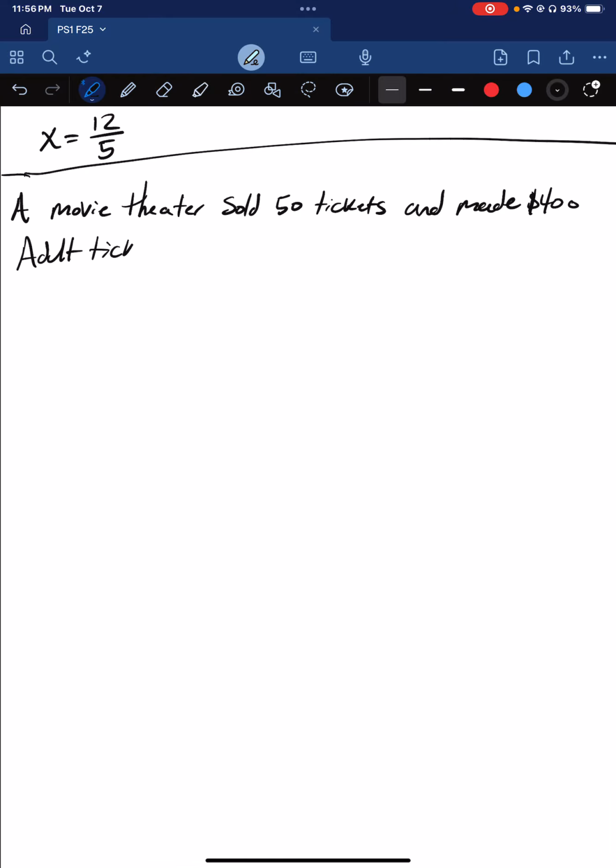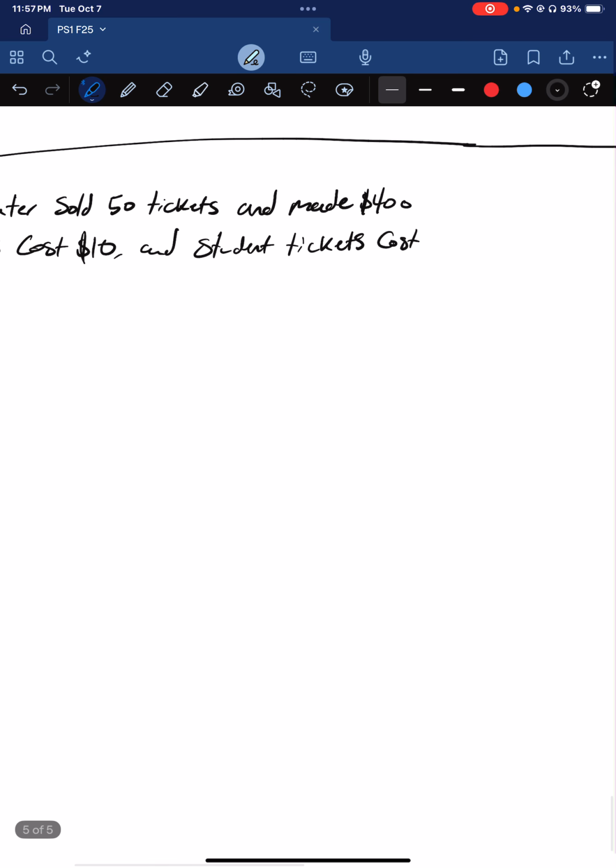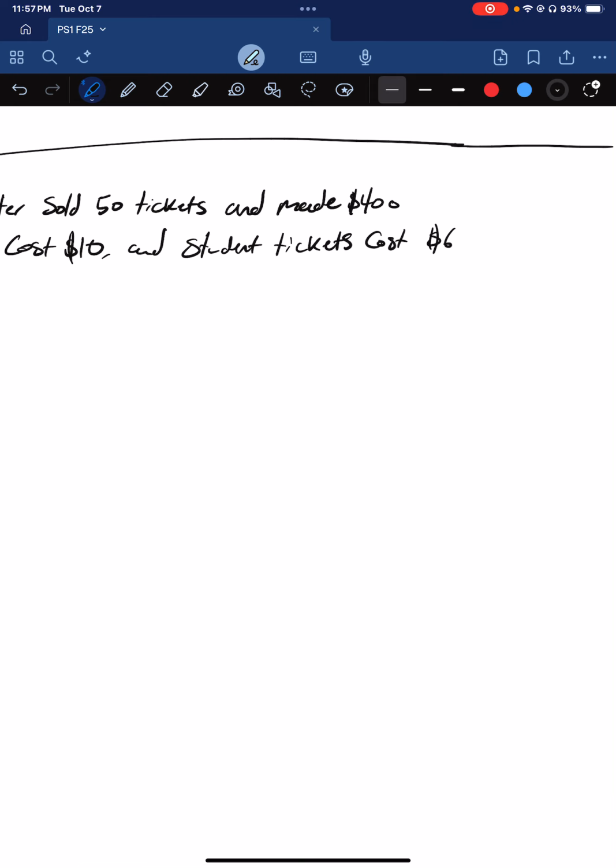Adult tickets cost $10, and student tickets cost $6.